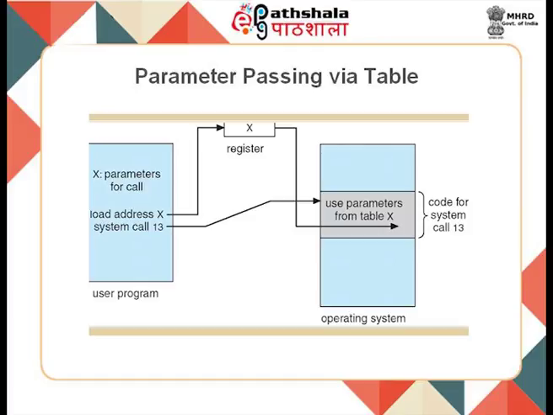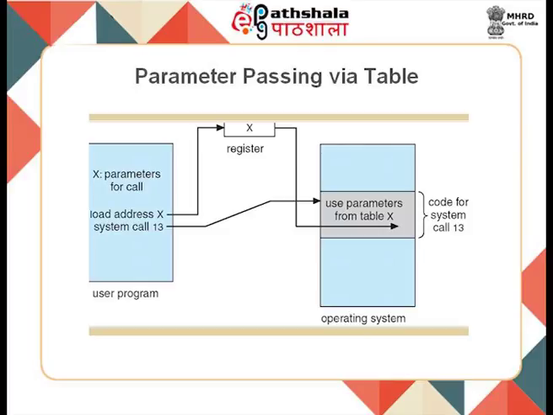Now, if you look at this program, this write is actually writing to the output device, and what is it writing? It is writing this string called greetings. So, this string, or the parameter called greetings, should be passed or told to the operating system as well, or it should be sent to the kernel code also.